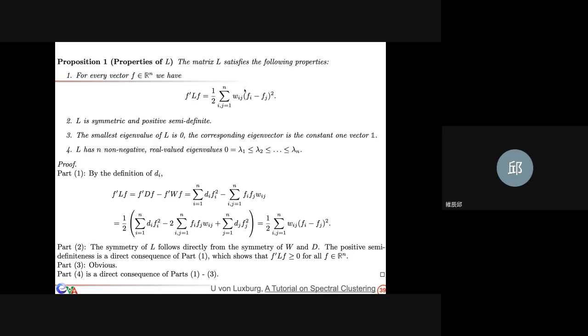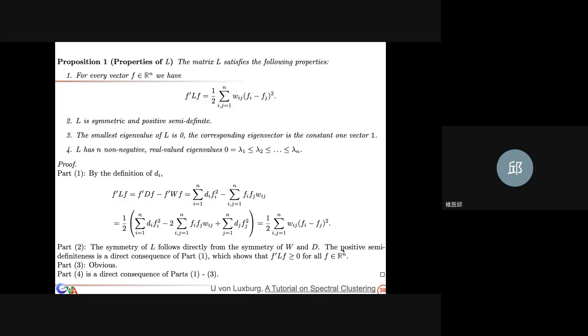You always have this Fi minus Fj squared, which is always a positive value. Wij is always bigger or equal to 0, because this is a similarity. So their product will always be bigger or equal to 0, and the summation over these terms will always be bigger or equal to 0.